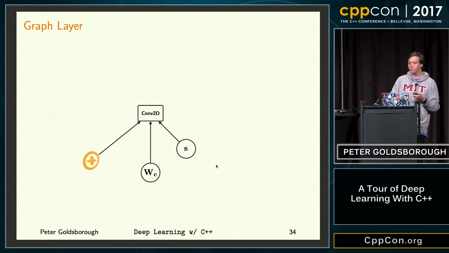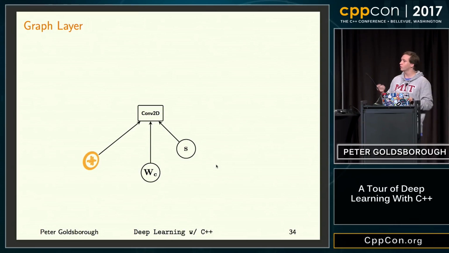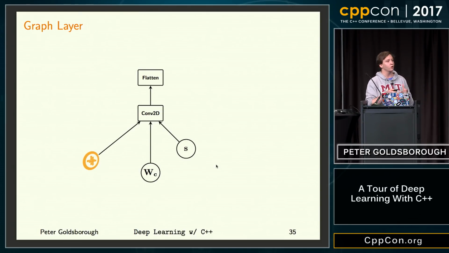And you can see here this convolution, or conv2d because it's a 2D convolution, takes as input an image, also takes as input weight matrix WC, which is this kernel that I mentioned earlier, and also takes in a variable s, which is the stride by which we slide the kernel. And we would perform this operation, and then the output of the convolution would go further into this other layer I mentioned, which is the flatten operation.